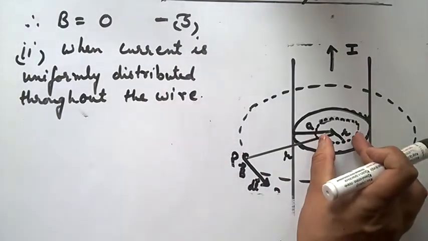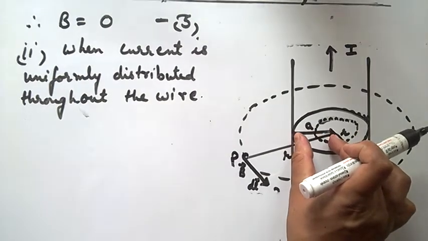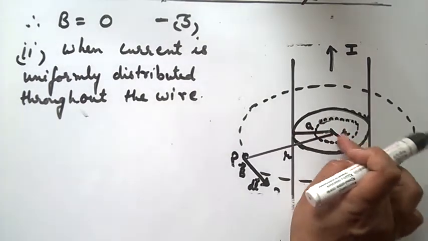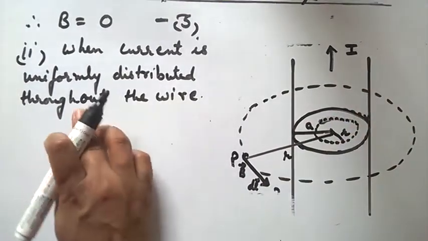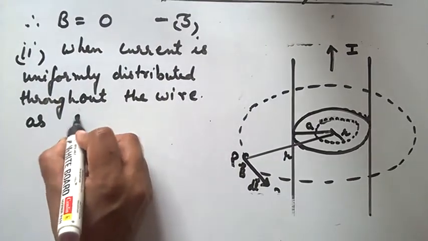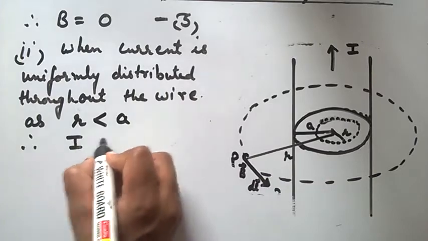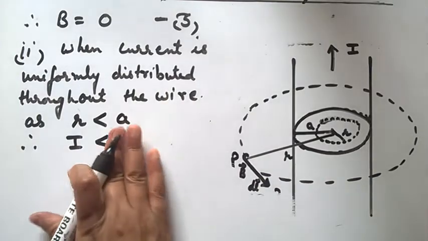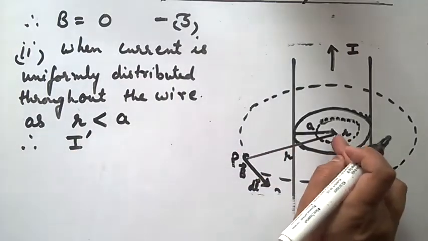Then as this radius is smaller than the radius of the straight wire, the current is also less than the actual current flowing through the wire. Therefore, as r is less than a, I dash is also less than I. Let us suppose I dash current is flowing within this Amperian loop.